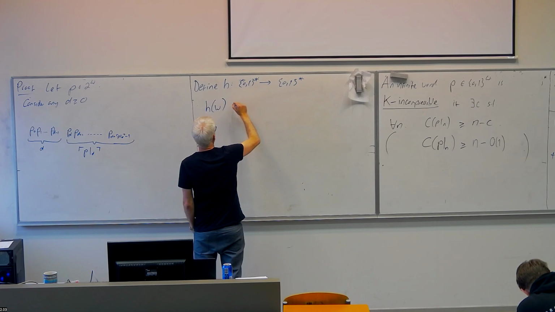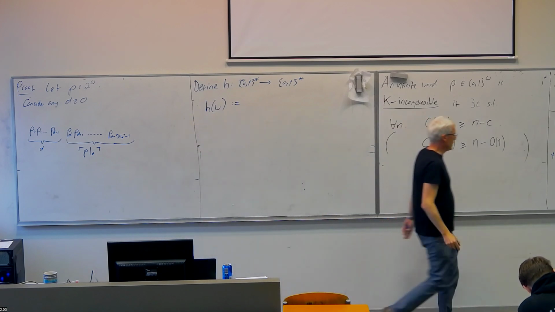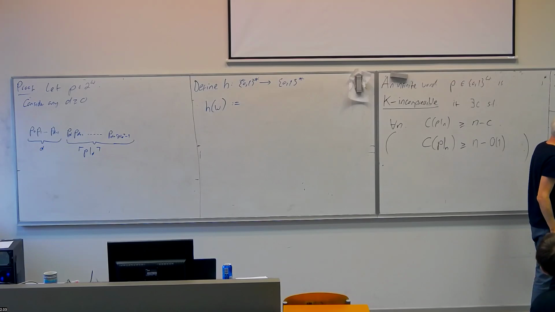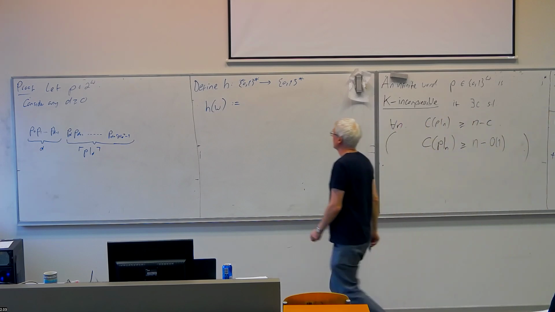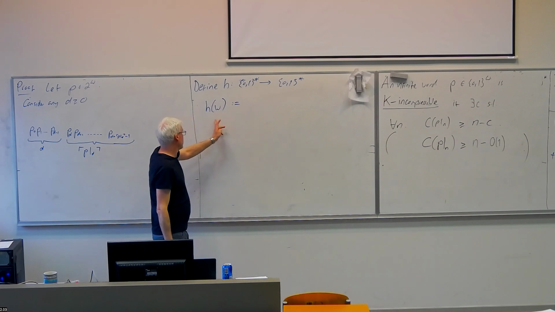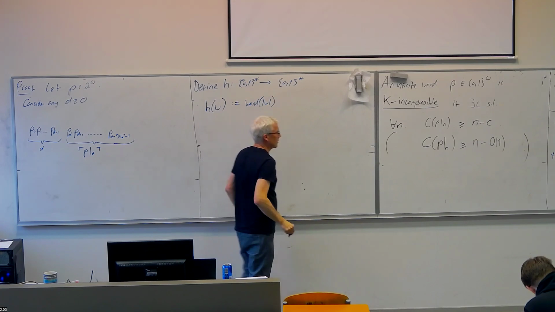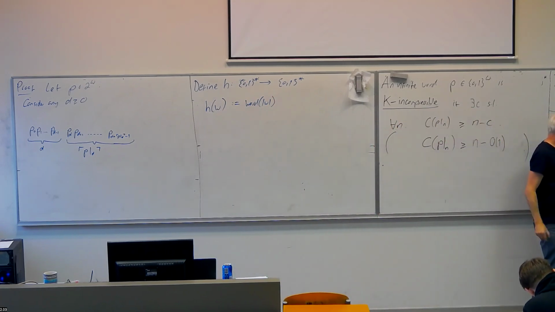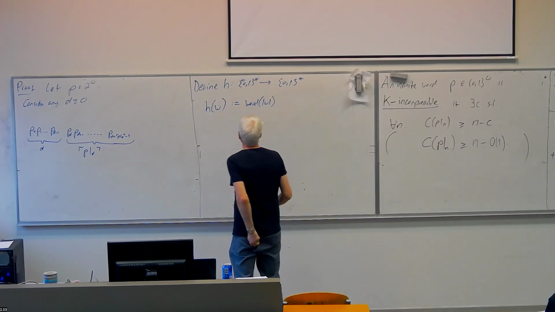Now h of w, when applied to w, simply finds the length of w, computes the word whose encoding is the length of w, and then follows it by w.